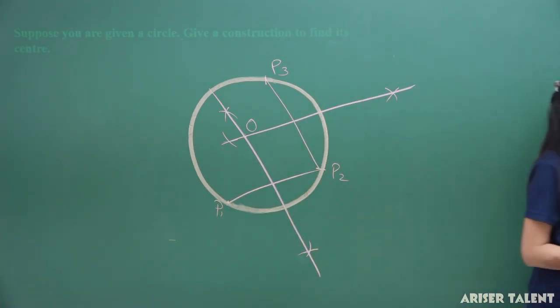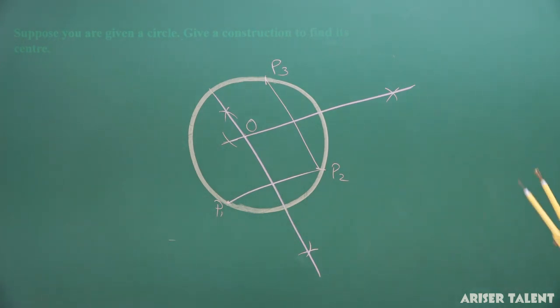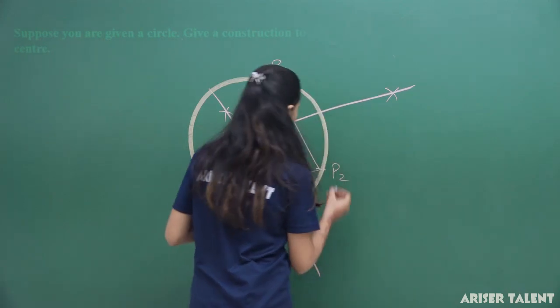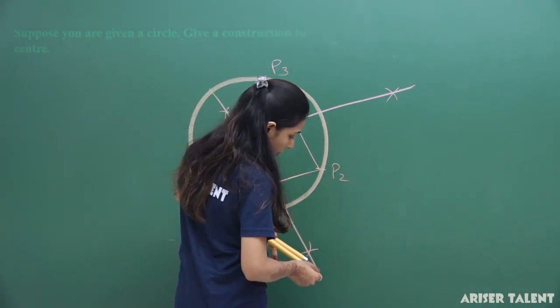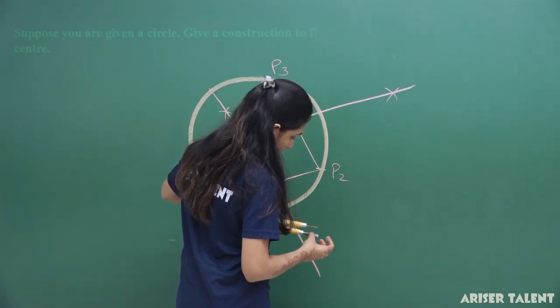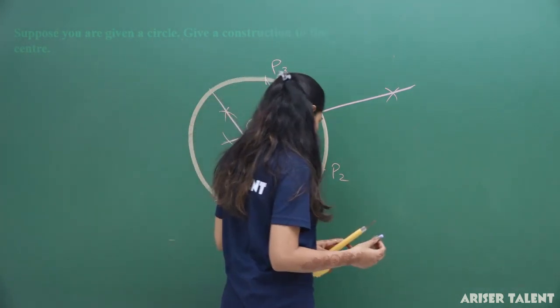Okay, note it. Now if we do this with the help of our compass, how will we do that? Let's have a circle here.